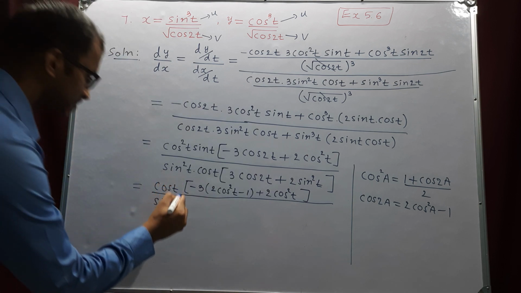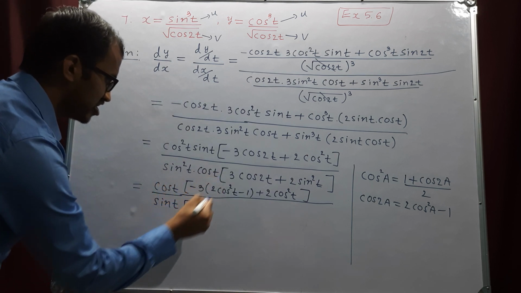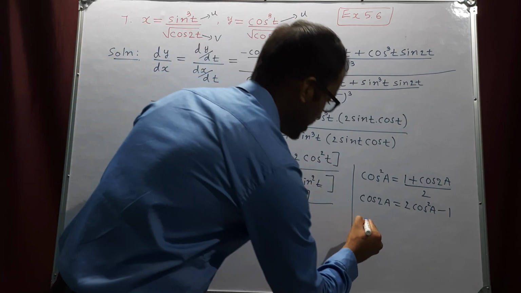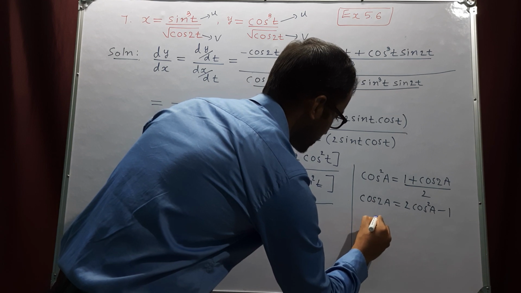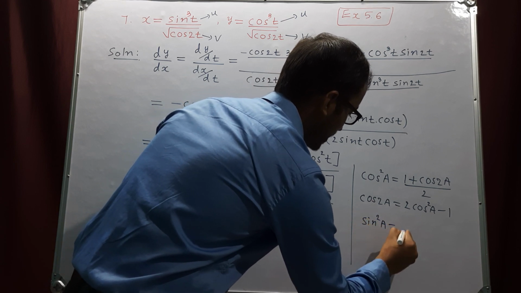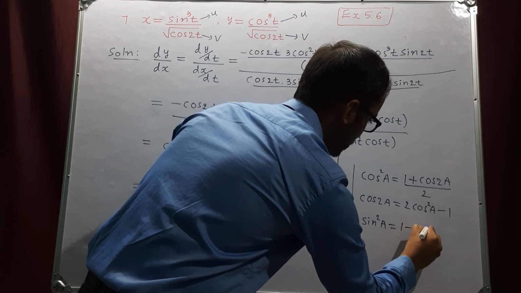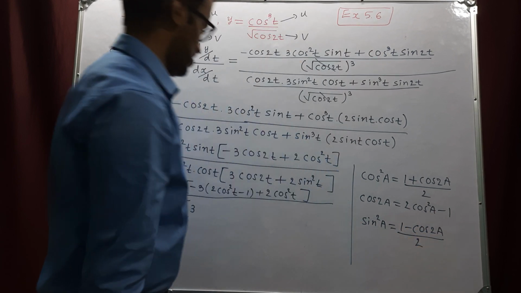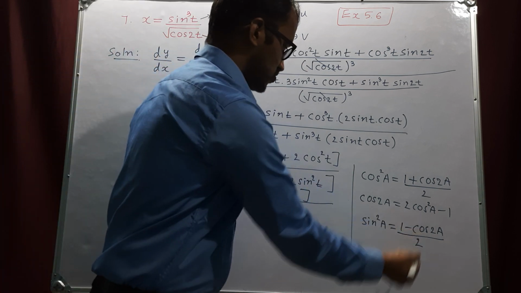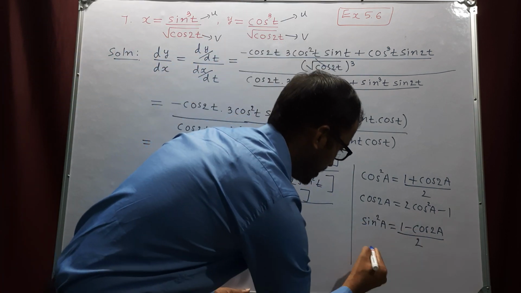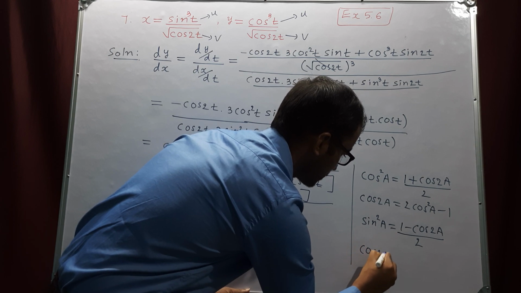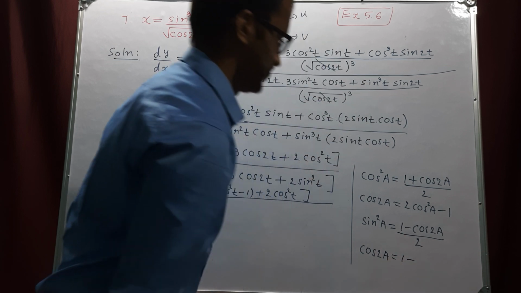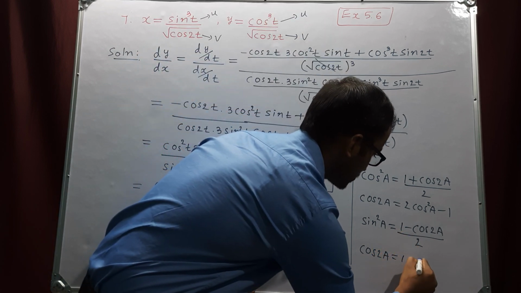So similarly, the denominator 3 into, again we know that sin square a is 1 minus cos 2a by 2. So cos 2a can be written as 1 minus 2 sine square a.